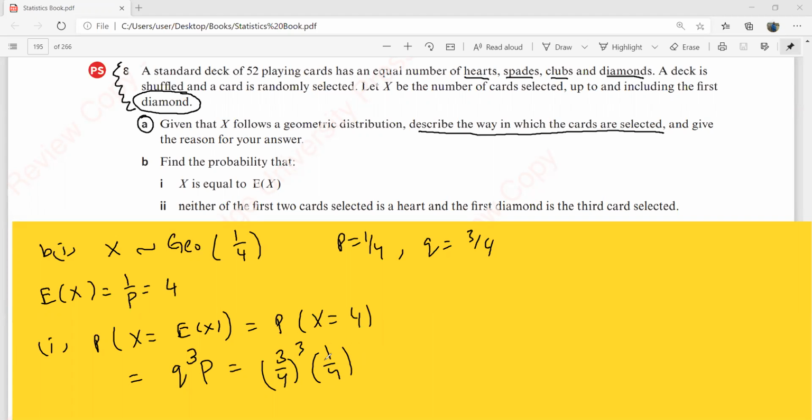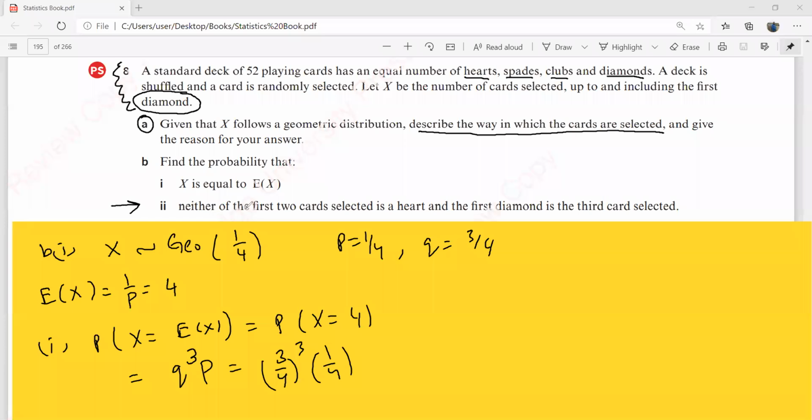Then it says neither of the first two cards selected is a heart and the first diamond is the third card selected. This is a very interesting part here. We had bounded our thoughts to the geometric distribution, but this question had nothing to do with the geometric distribution.